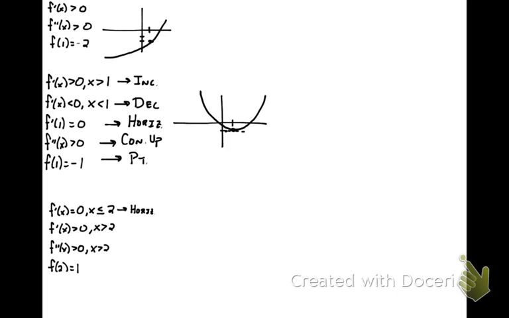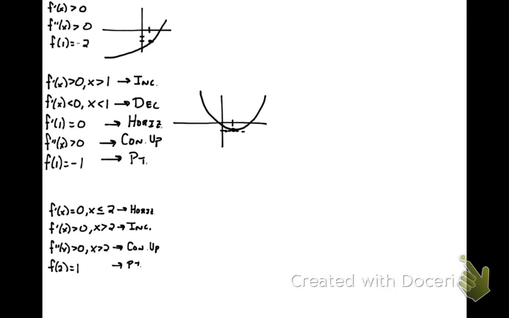After x is greater than 2, the derivative is greater than 0, or positive, which means that our function should be increasing after 2. We know the second derivative is greater than 0, or positive, after 2, so after 2 our graph should be concave up, and we have a fixed point that f of 2 equals 1.